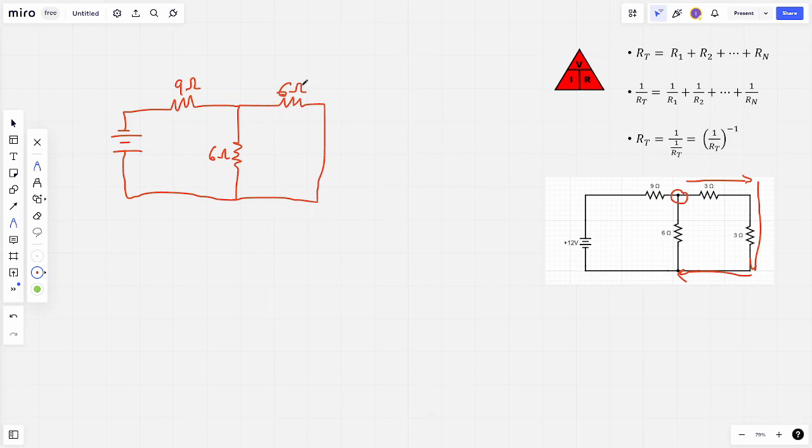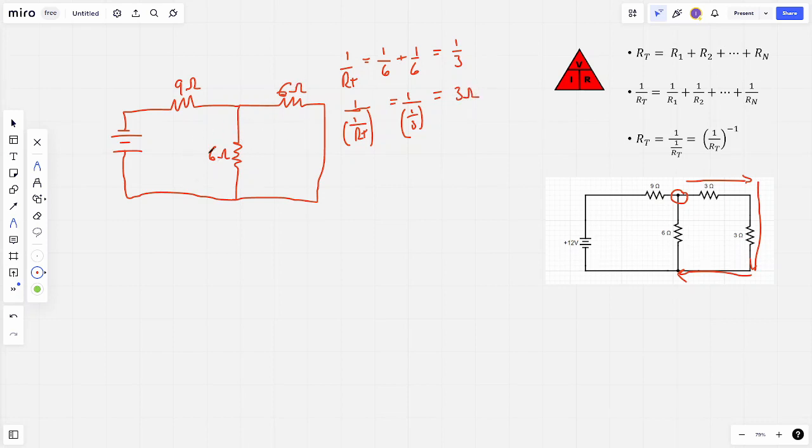We take the reciprocal of each, so we can say that 1 over RT is equal to 1 over 6 plus 1 over 6, which is 1 over 3. So RT is 1 over a third, which is 3 ohms.